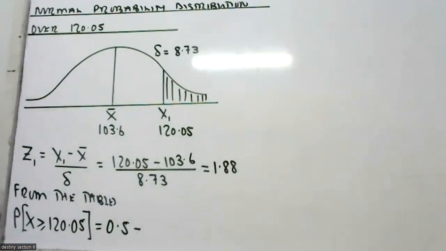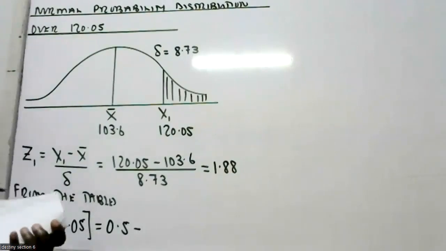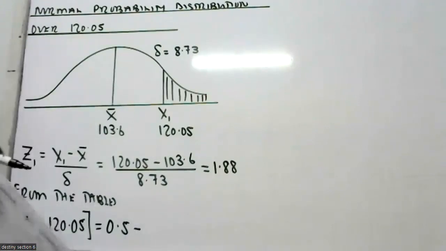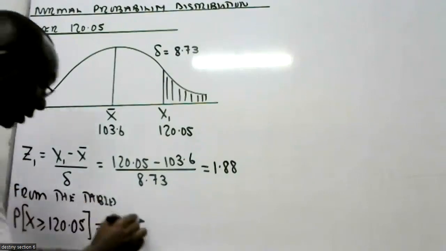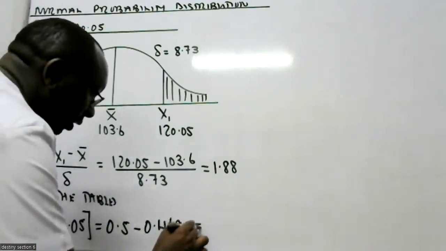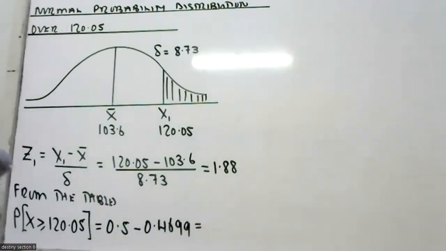So go to the tables and read for me this 1.88. 0.4699. Good. So subtract.